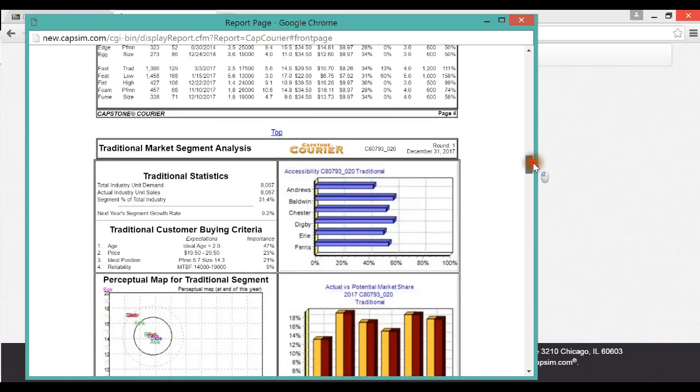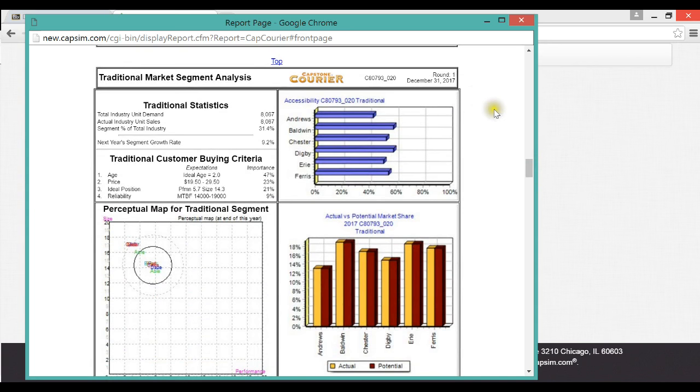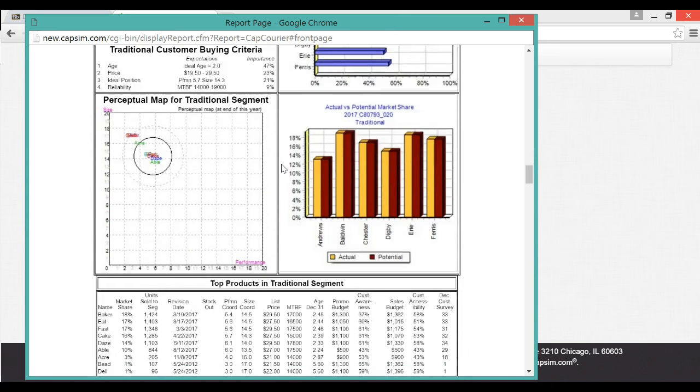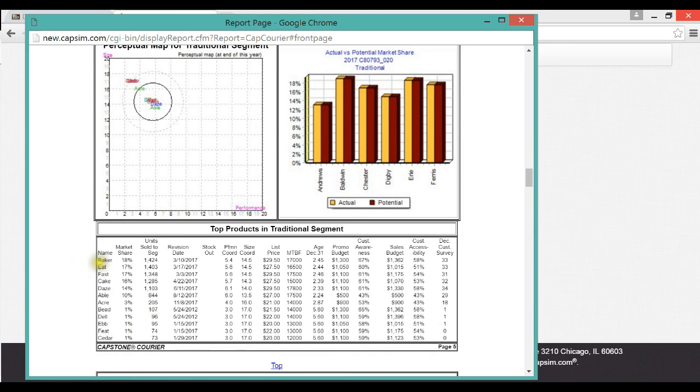So the next part of the Capstone Courier goes into more detail about each of the segments. So you see the first one is the traditional segment, and you'll see here that I have the least market share within this segment. So I'm going to be trying to increase my market share for the traditional segment, and the same thing can be seen here.